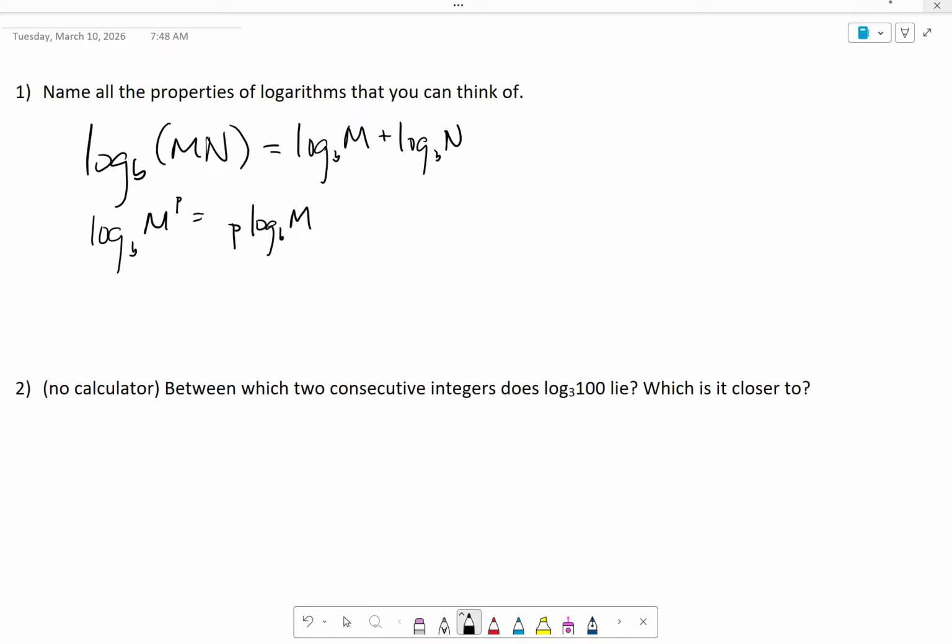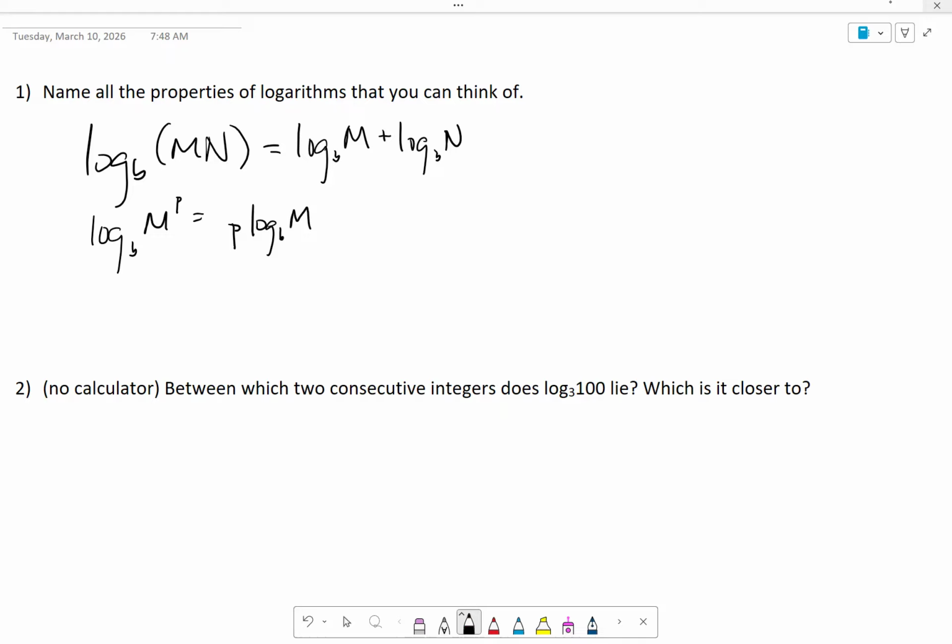Isabella, what's another one? The exponent? How can I write it? I don't need the name. What should I write? I'm not looking for any particular order, but you were thinking about this next one.